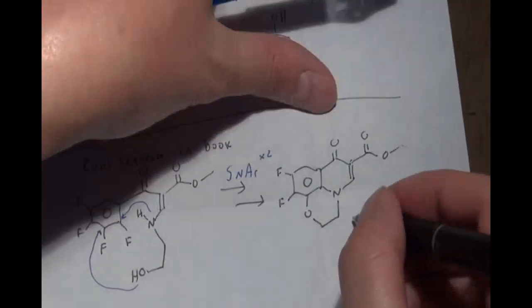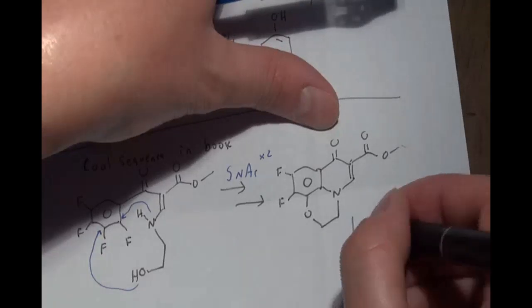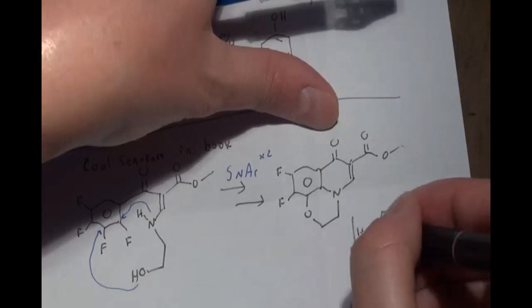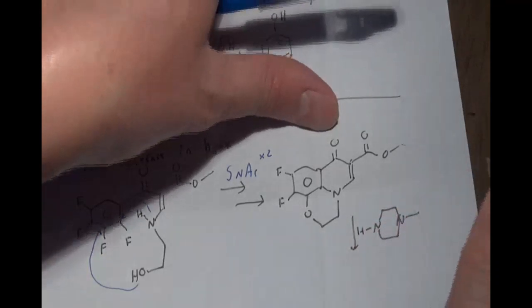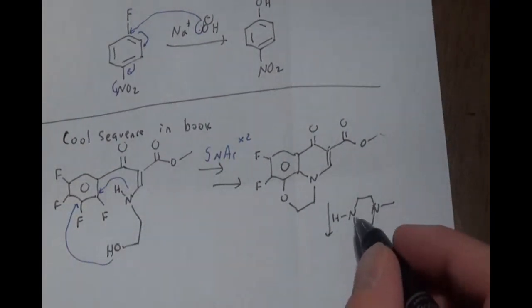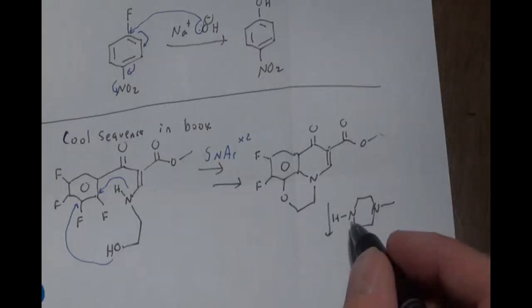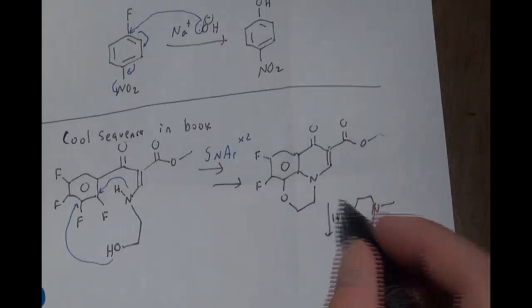Then they do another SNAR with this molecule. Here you've got a secondary amine and a tertiary amine, and the nucleophilic one is the one with the H on it, because it can form a 3rd bond.